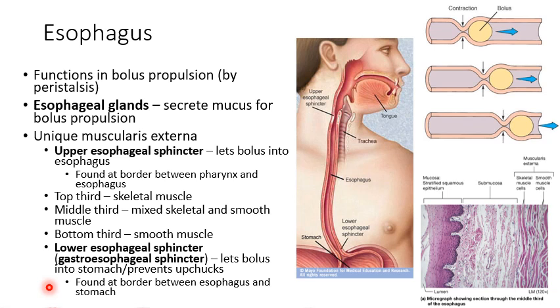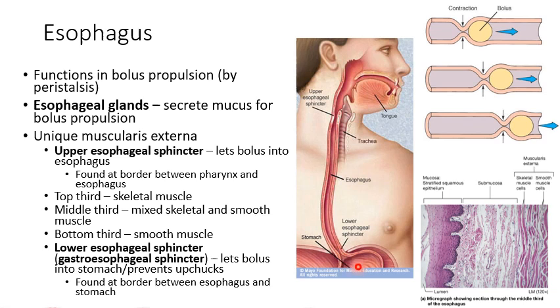Then at the very bottom of the esophagus, again, you have thickening in the muscle of the muscularis externa, which is the lower esophageal sphincter, but it's also called the gastroesophageal sphincter because that's the boundary between the esophagus and the stomach. So the muscle in this sphincter needs to relax in order to let the food bolus enter the stomach.